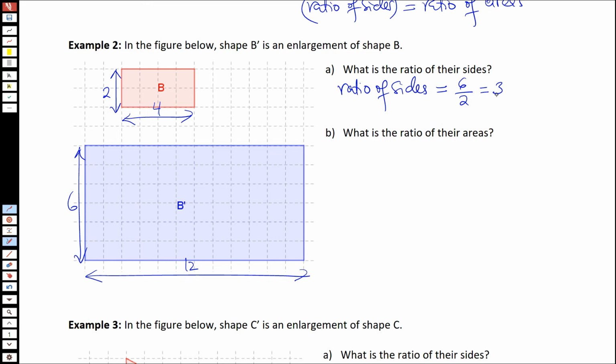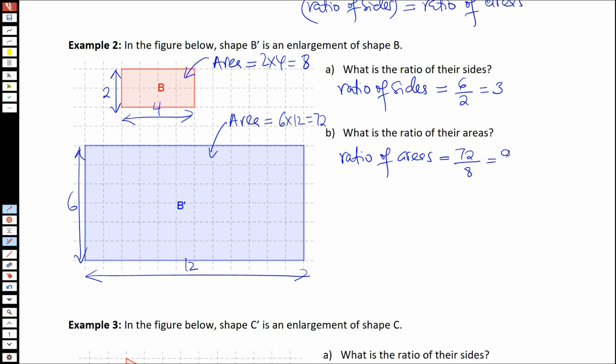And then to find the ratio of their areas, we need to find the corresponding areas. So area for this will be equal to 2 multiplied by 4, which is 8. And the area for this will be equal to 6 multiplied by 12, which is 72. So we can go ahead and find the ratio of the areas. The ratio of the areas will be equal to 72 divided by 8, which is equal to 9.